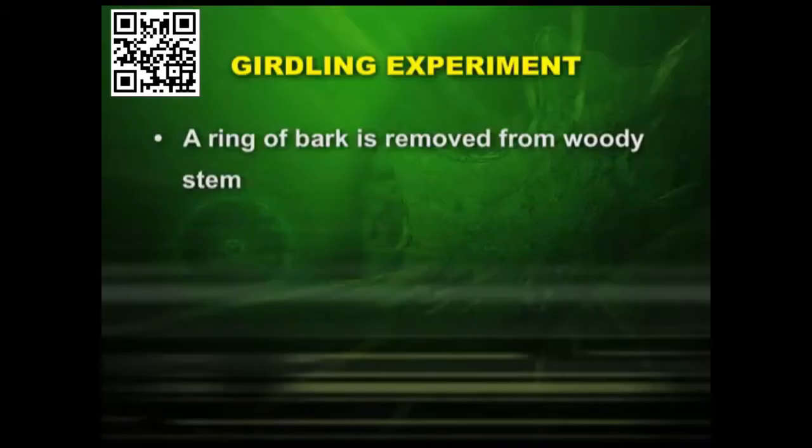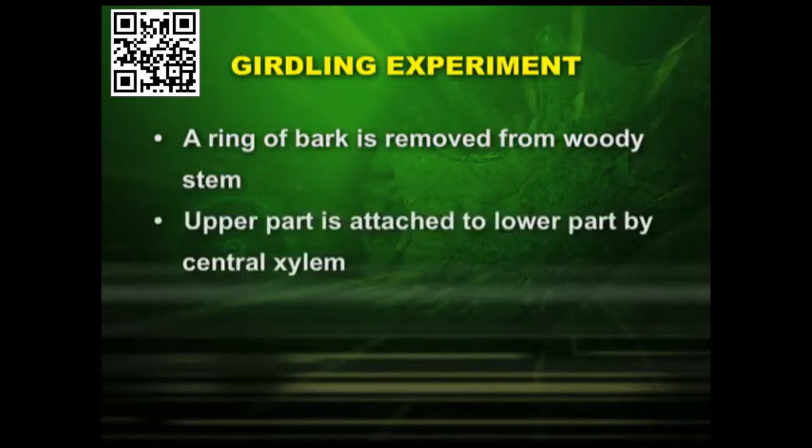Now you may wonder how the phloem transports food, and what the experimental evidence is. Yes, we have an experimental evidence which is called the girdling experiment. A ring of bark is removed from the woody stem. The upper part is attached to the lower part by central xylem.